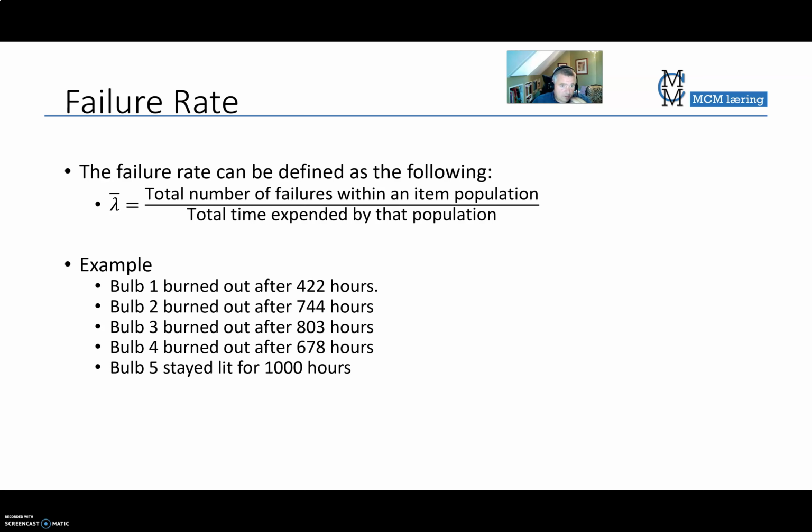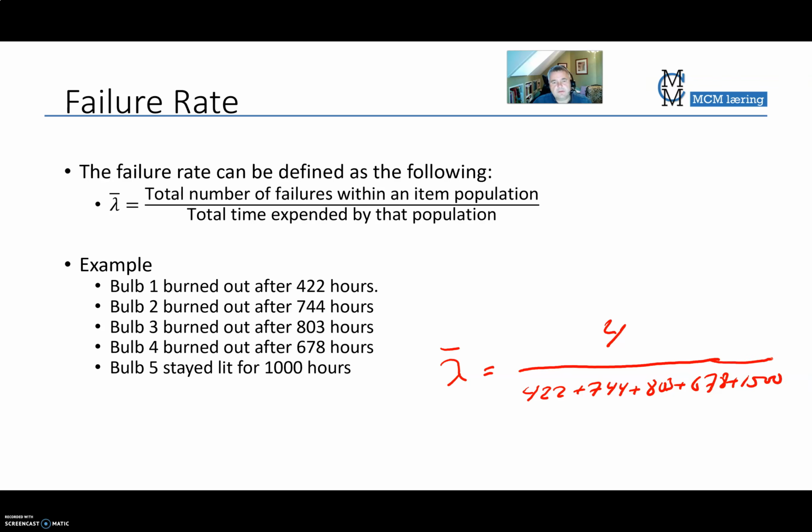And here we have an example of 5 light bulbs, and if we're trying to find the lambda mean for that one, it would be the total number of failures. We had 4 failures, and the total time monitored would be 422 plus 744 plus 803 plus 678 plus 1000 hours.